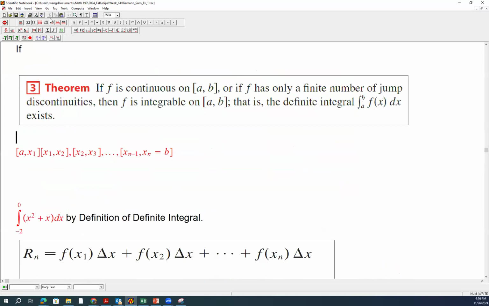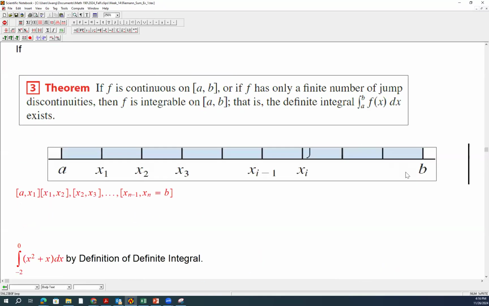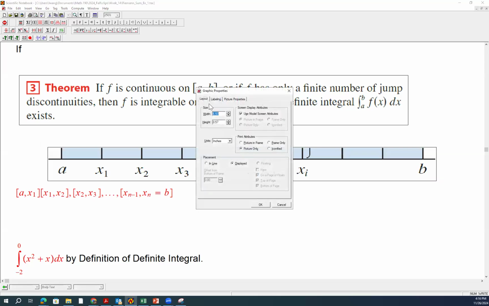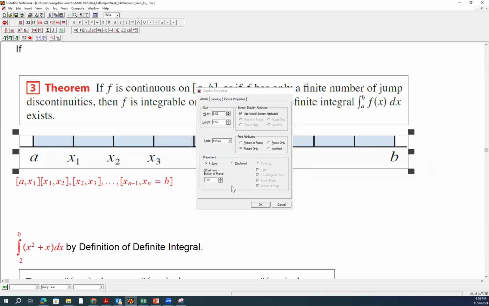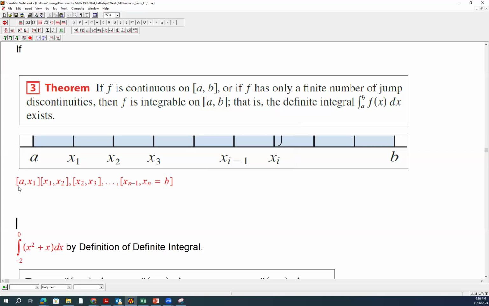The partition part, you can see that in the intervals there's a pattern being created. So a, x1, x0, a is x sub 0. I hope you mark this on your paper as you're working along my side. So this is the first interval.